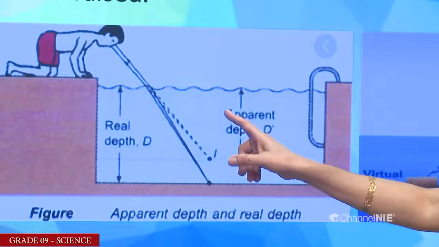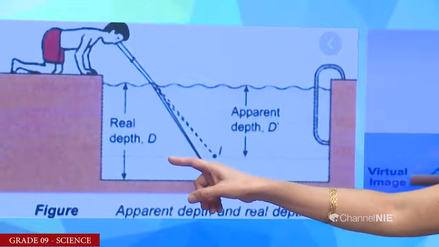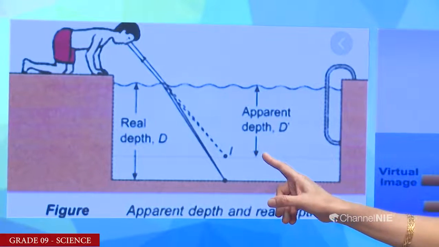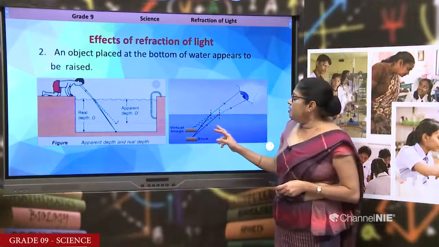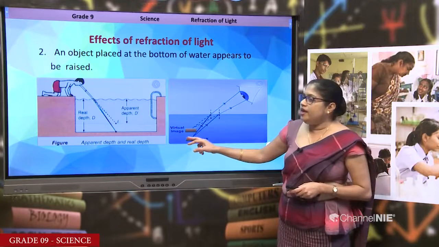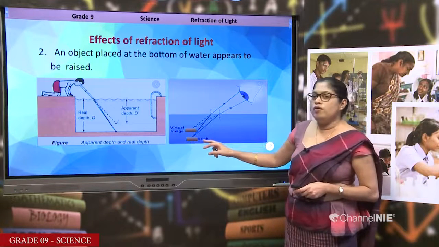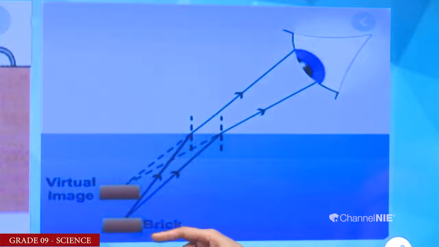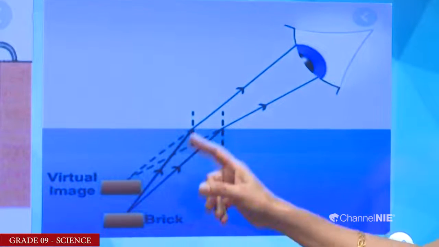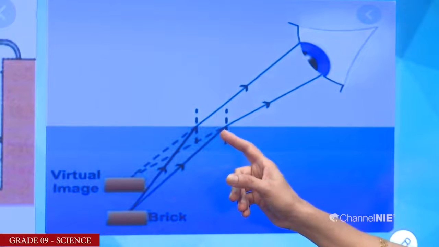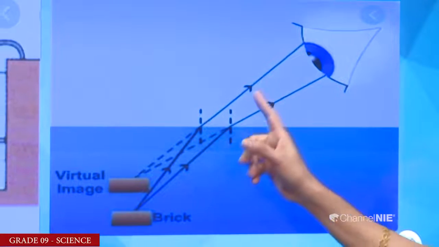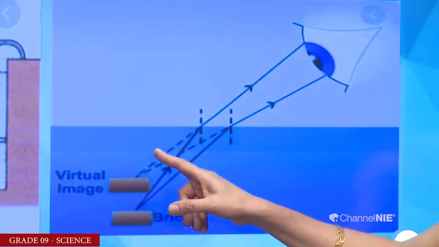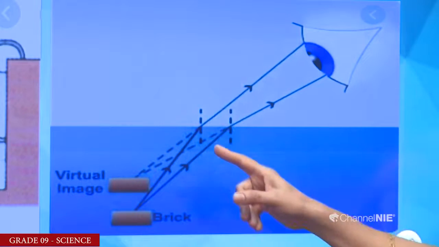So, it is very clear that the real depth is more than the apparent depth. In this diagram, you can see a brick at the bottom of a water tank or swimming pool, and two light rays emerging out of it and bending away from the normal, because these light rays are travelling from a denser medium to a rarer medium.